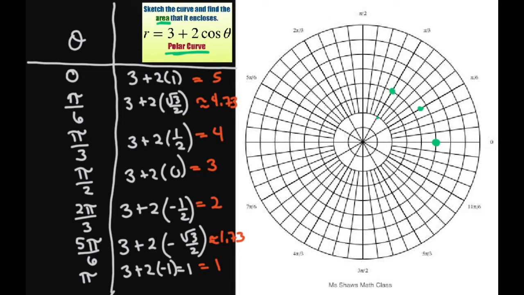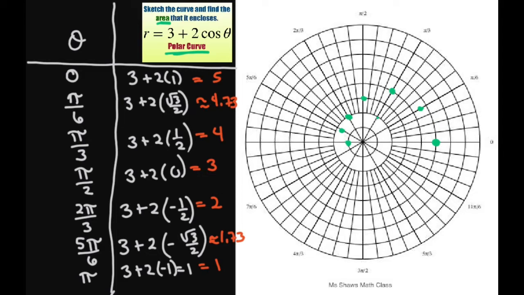At pi divided by 2, we're at 3. At 2 pi divided by 3, we're at 2. And at 5 pi divided by 6, we're a little less than 2. And at pi, we're at 1.